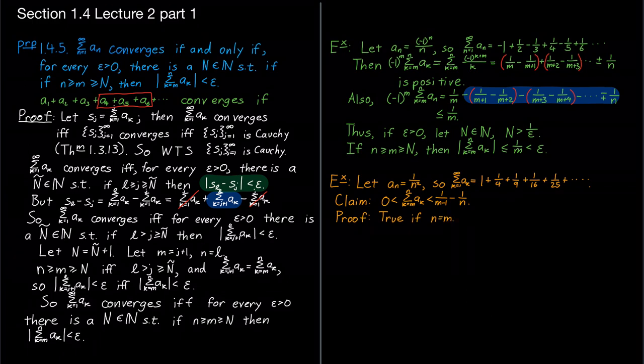And let us suppose that n is strictly bigger than m, and that the sum from k equals m up to n minus 1 of a_k is less than 1 over m minus 1 minus 1 over n minus 1. Then the induction step, our sum from k equals m up to n of a_k.